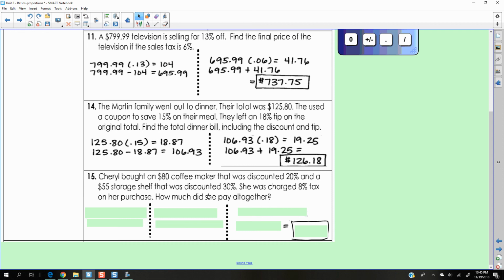So then in the middle one here, figure out what the storage shelf costs with the 30% discount. All right, so once you have those two, then she was charged 8% tax on the entire purchase. So make sure after you figure out what you get here and what you get here, you're going to have to add the two together to figure out the 8% tax.